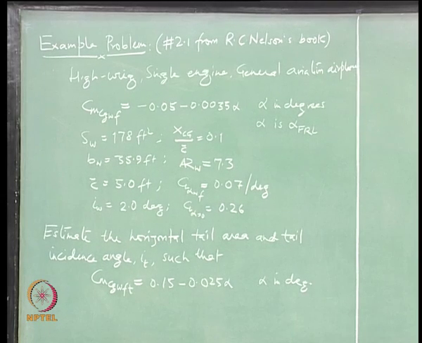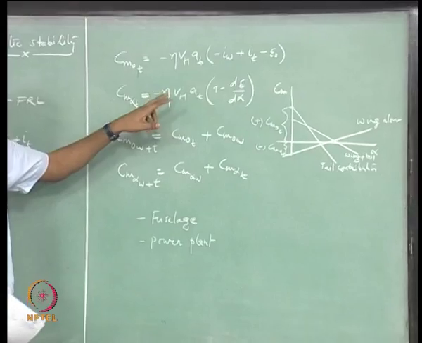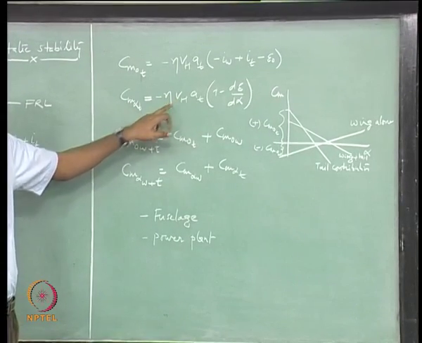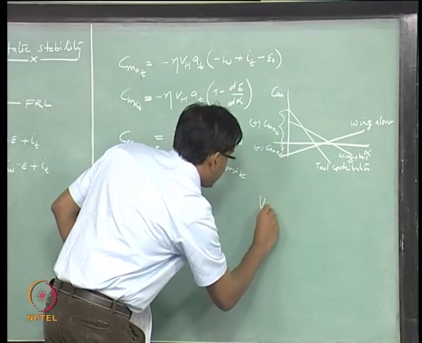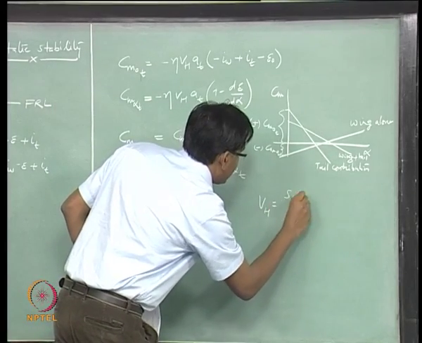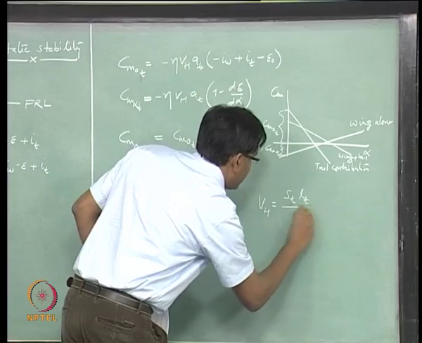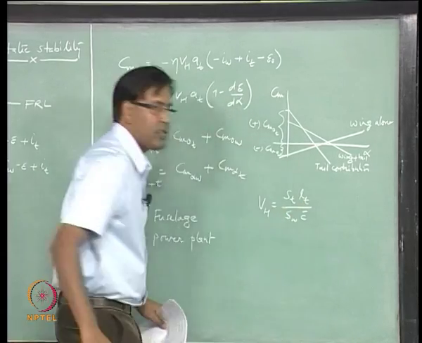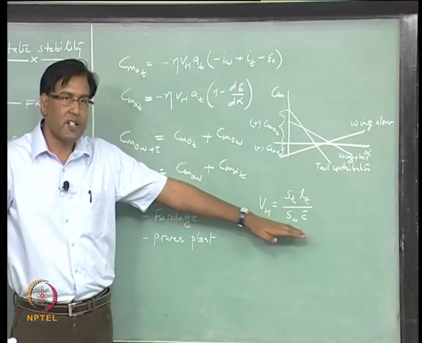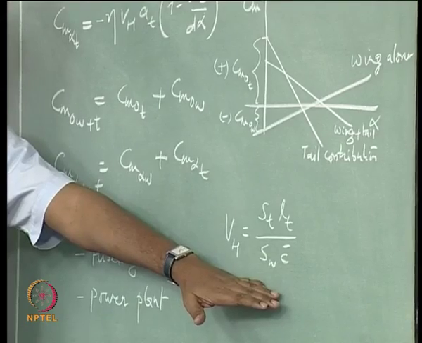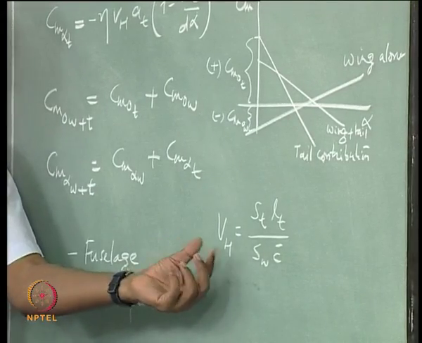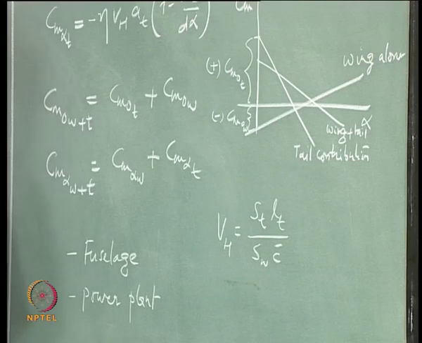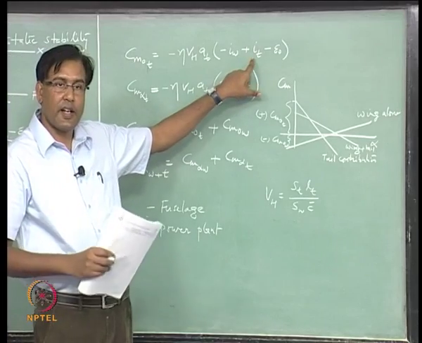right. Now we have seen here we have to, or we can adjust the parameters in VH. VH is the tail volume ratio, right. After we have fixed the wing, to change this VH we can only play with ST or LT, right, and the tail setting.